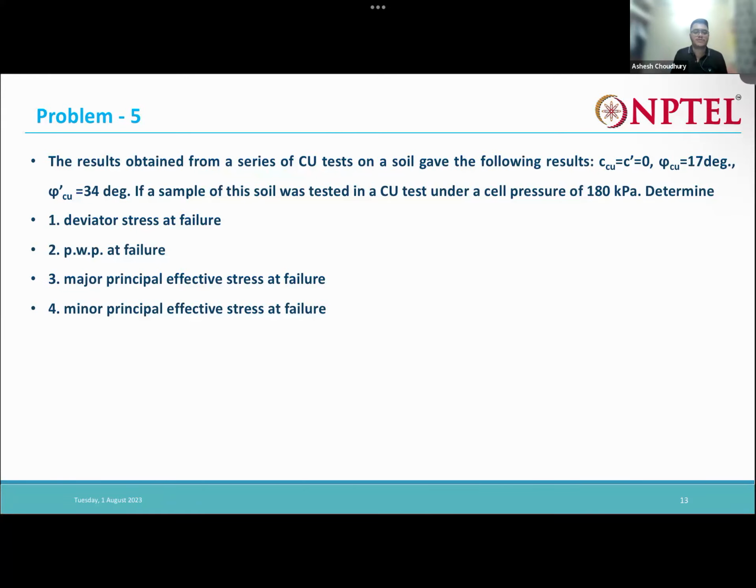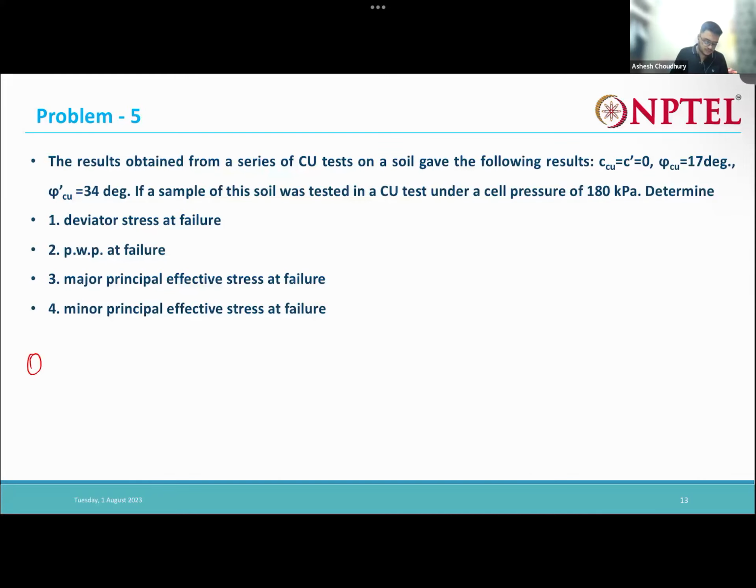If a sample of the soil was tested in the CU test under a cell pressure of 180 kPa, determine the deviator stress at failure, pore water pressure at failure, major principal effective stress at failure, and minor principal effective stress.